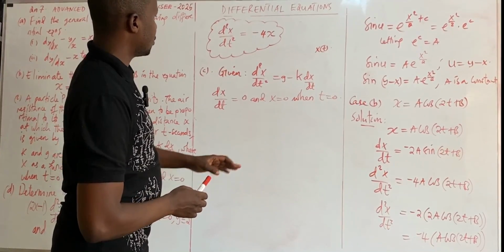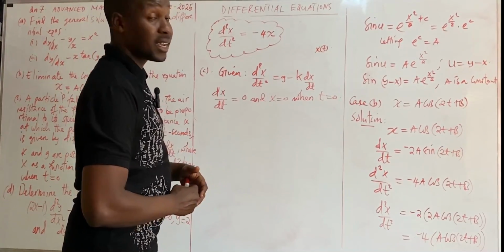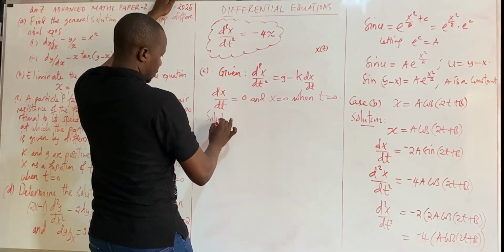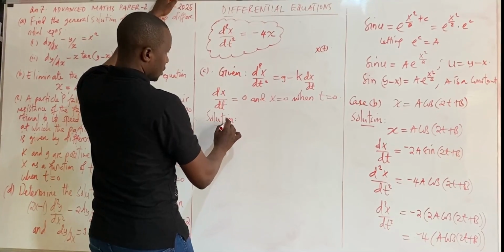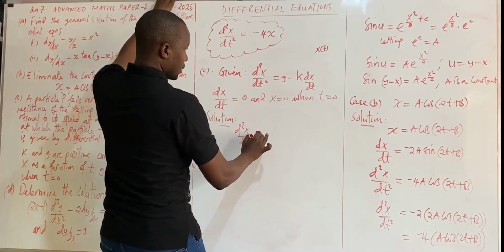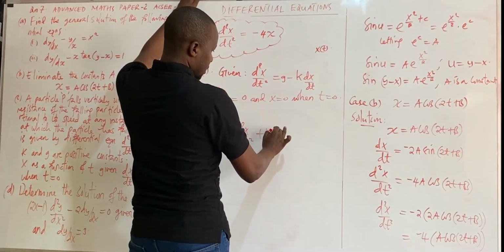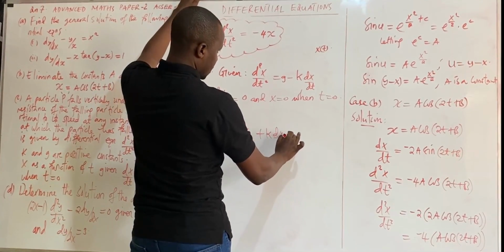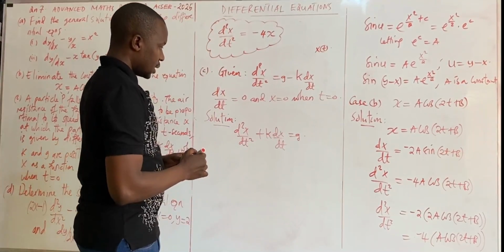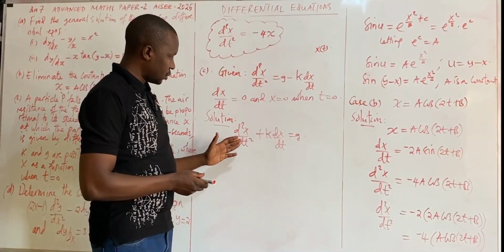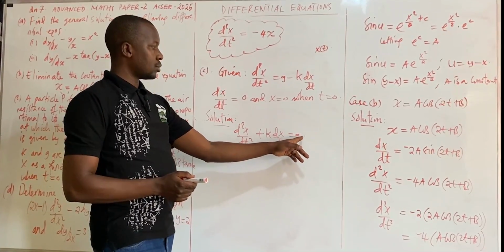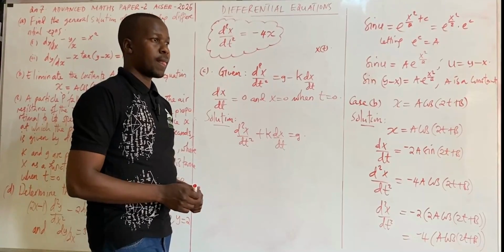From this problem, we need to start solving by finding the general solution. From this differential equation, we can add k dx/dt to the other side, so that d squared x over dt squared plus k dx/dt equals g. To get the general solution, I need to deal with the homogeneous part and with a particular solution.